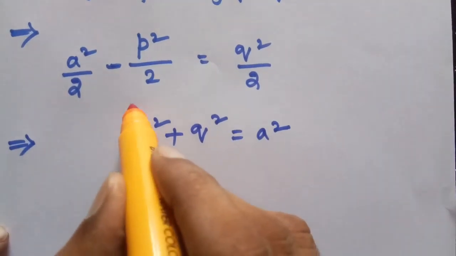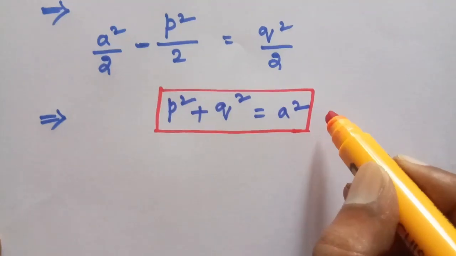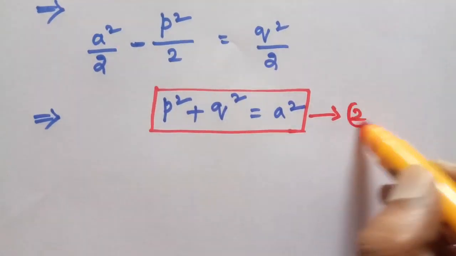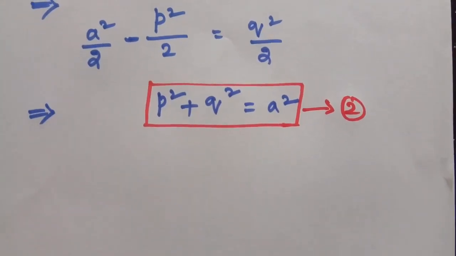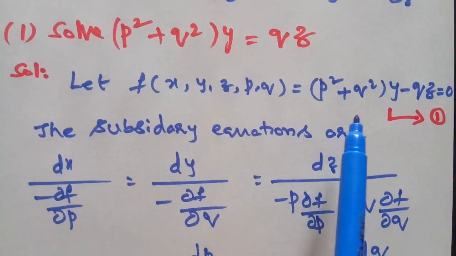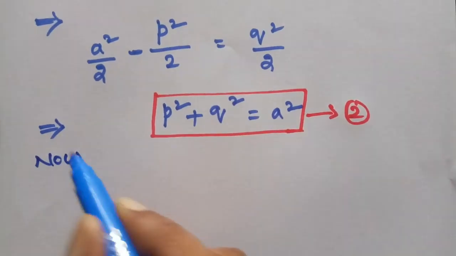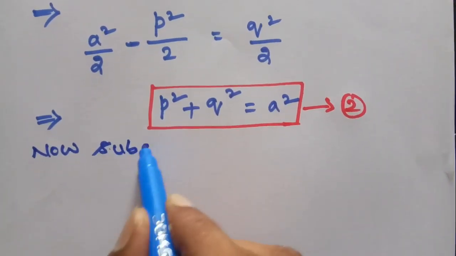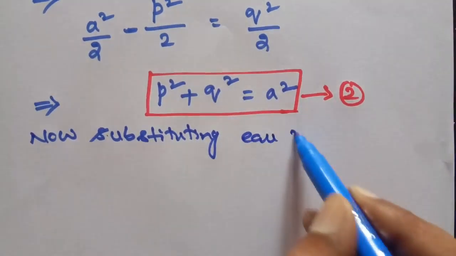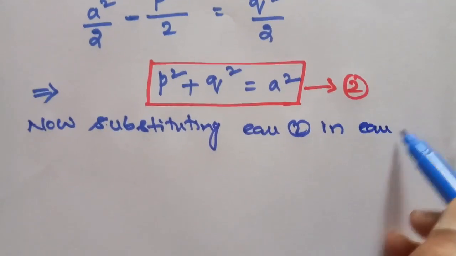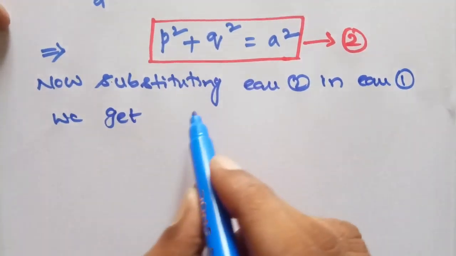Say this is equation number 2. Substituting 2 in equation number 1. So the equation number 1 is p square plus q square into y minus qz is equal to 0. Now substituting equation 2 in equation 1, we get p square plus q square is equal to a square.